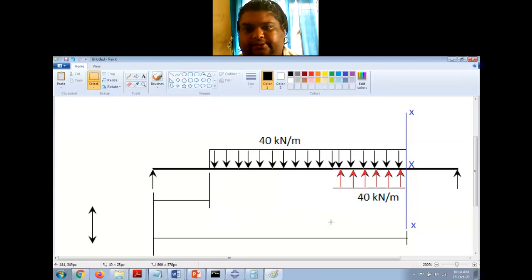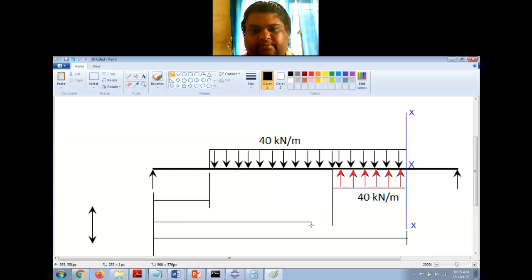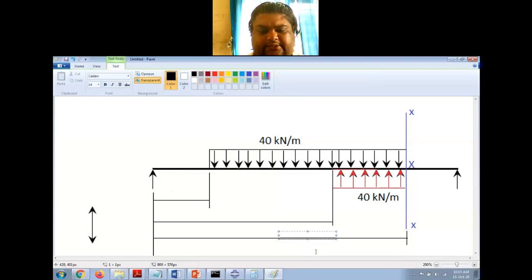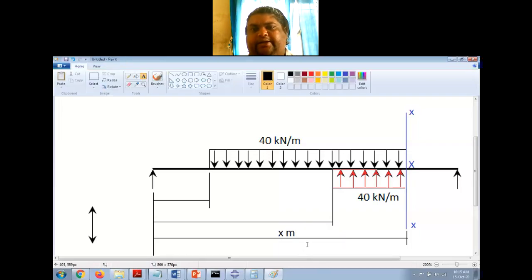Yeah, from here it is. And this point is also right. Now, what is the value? This I am taking as X meter, right?